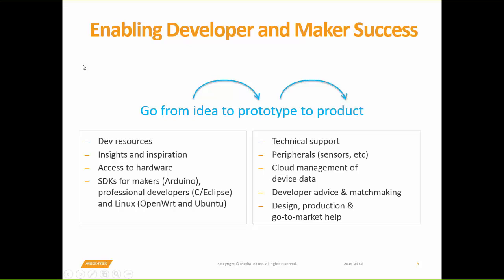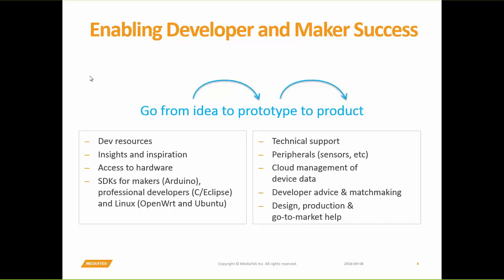Our aim is to enable you to go from an idea to a prototype to a product in very simple steps and with a lot of support from our side. The prototype is based on our HDKs, so on our website, you can find the right HDK for you. We have quite a few now, different ones for different projects.